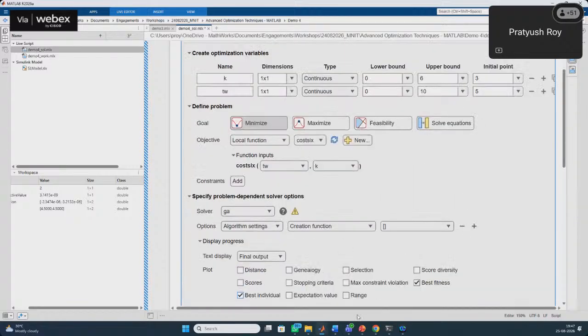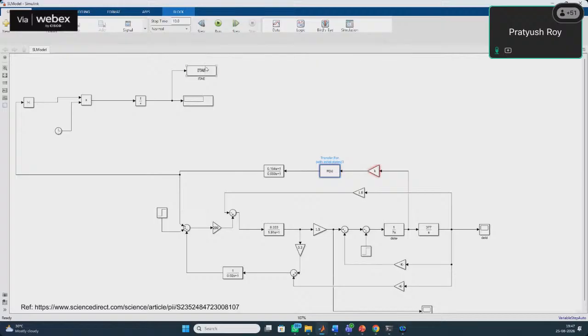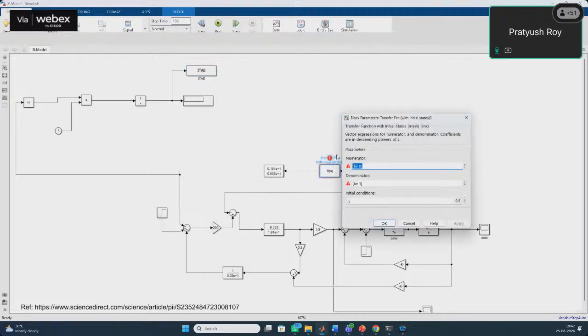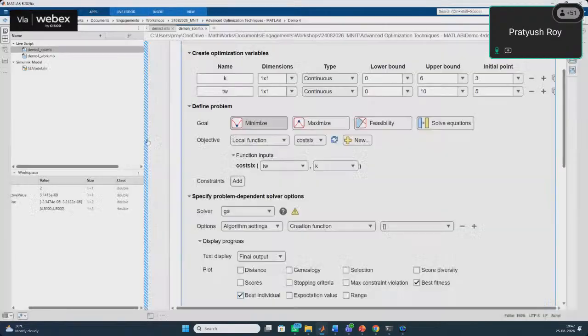So what it will do is look at this Simulink model, and based on these constraints, it will try to come up with the best k and tw solutions. Tw is embedded here in the transfer function of this plant. Okay. If that is the case, let me run this.